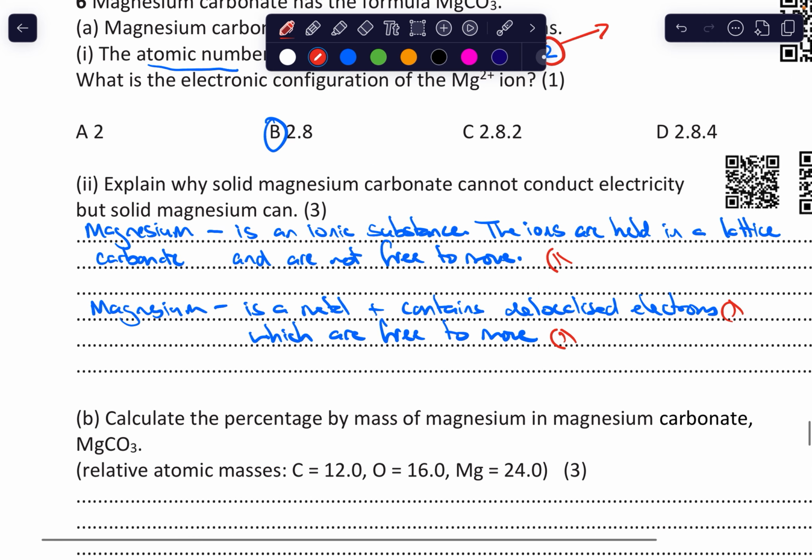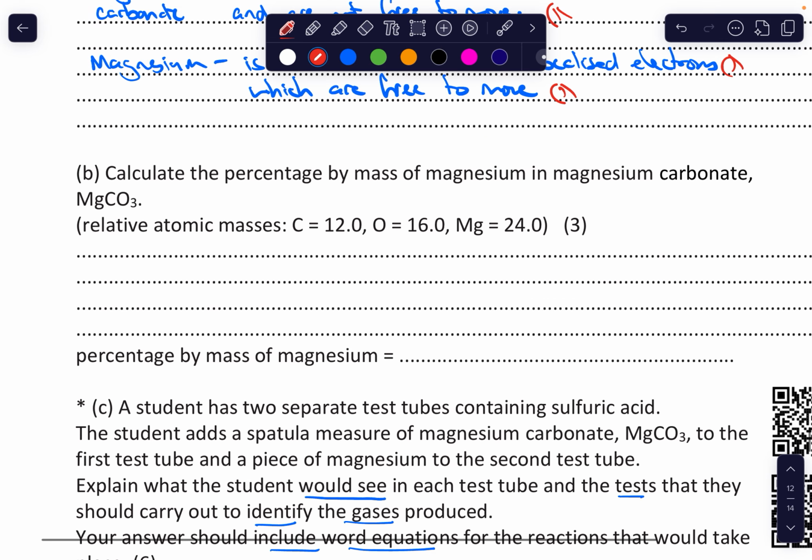Okay, next little bit, calculate the percentage by mass of magnesium. So we want to know how much magnesium there is in the formula, and then we want to know the mass of the whole formula, and we times that by 100.